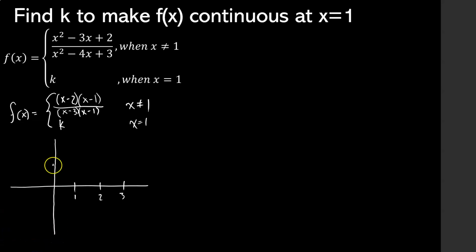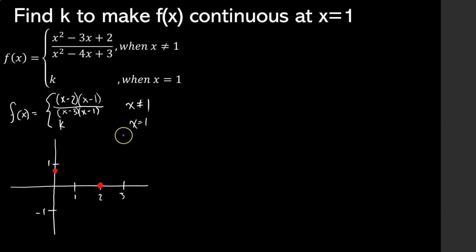Let's put a 1 and negative 1 on the y-axis. We know 2 would make f equal to 0, so f has an x-intercept at 2. When x equals 0, f is 0 minus 0 plus 2 over 0 minus 0 plus 3, which is 2/3.